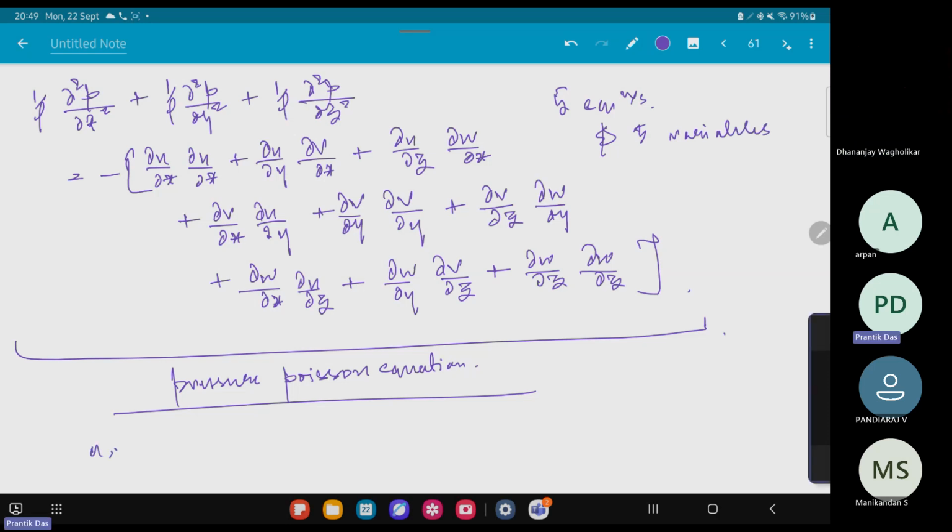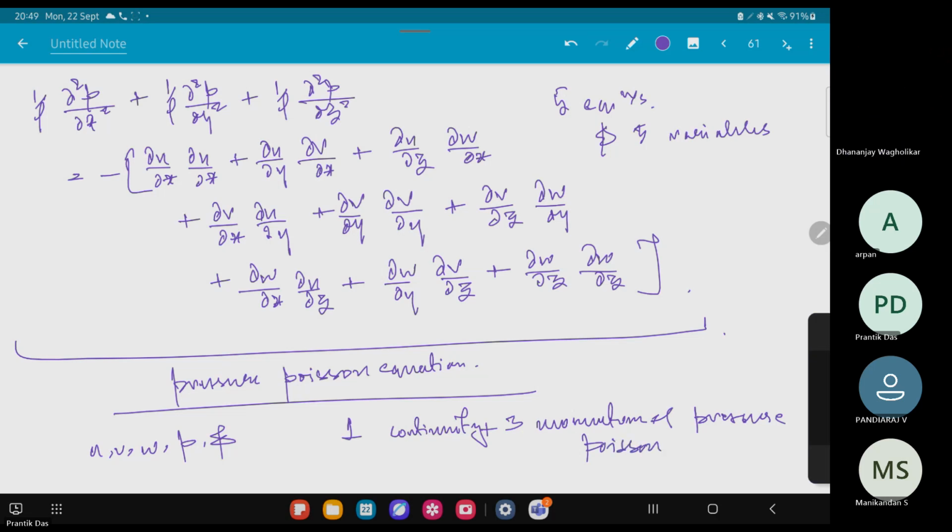The variables are basically u, v, w, and p: one continuity, three momentum, and one pressure equation. So this is how it works. For this kind of problem, the pressure Poisson equation can be used.